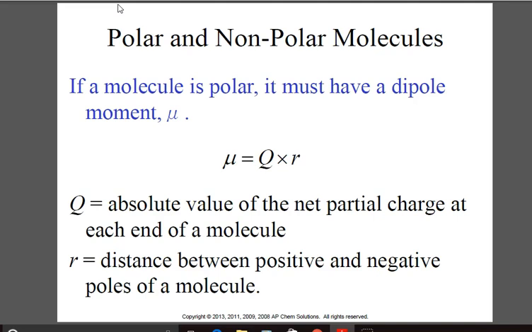If a molecule is polar, it has what is called a dipole moment, which is represented by the symbol you see there. The dipole moment is equal to the value of the net partial charge at each end of the molecule.